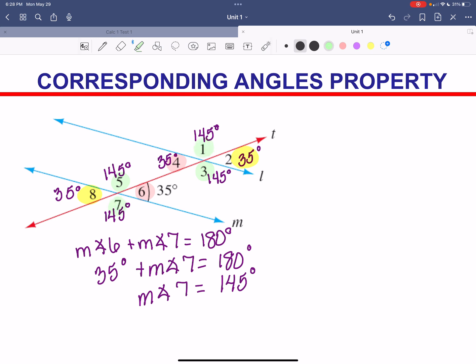Let me do that in a different color, just to make sure we've got them straight. Alternate interior angles and alternate exterior angles all have the same measurement.